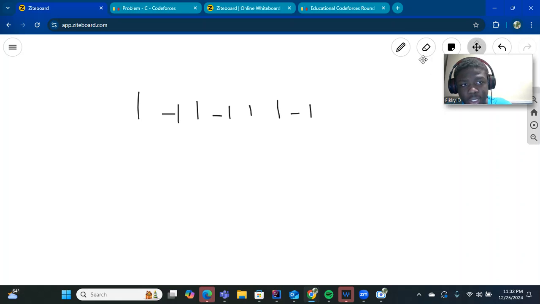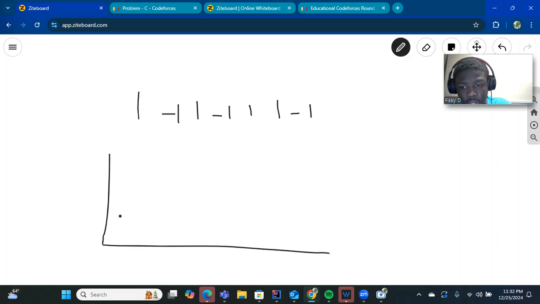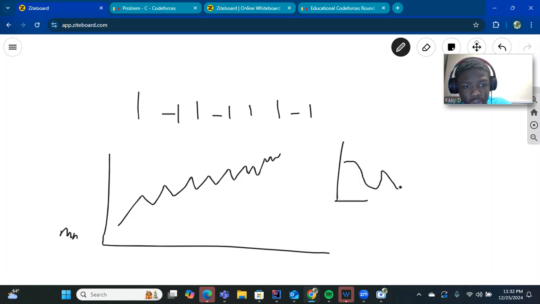And the reason for this is that the prefix sums of this are obviously continuous. So if the prefix sums are continuous, then every continuous function has some min and maximum.